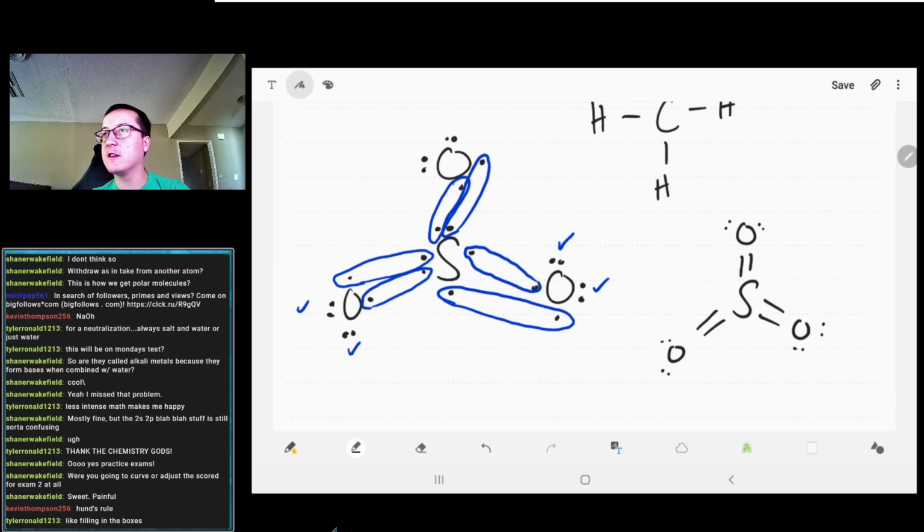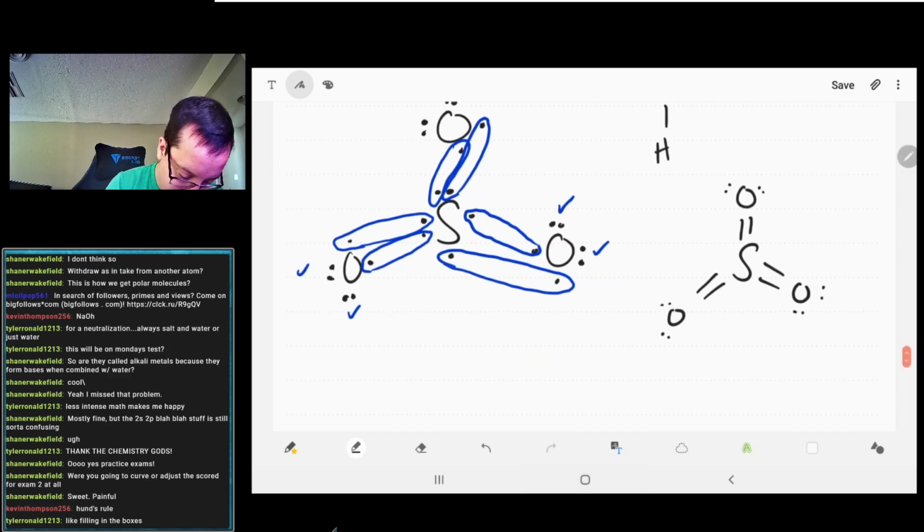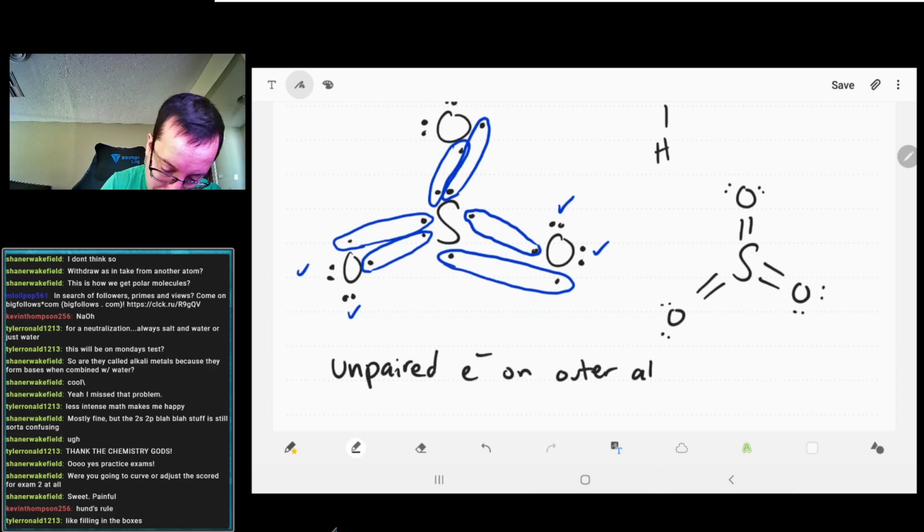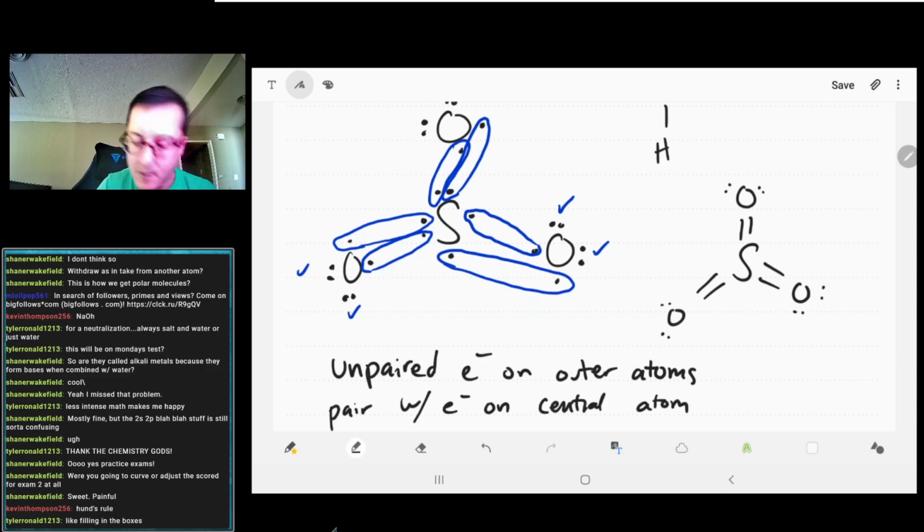So I think this is a fast way to get through these Lewis structures. And it only involves pairing off your electrons. So if you have unpaired electrons on outer atoms, bond them to the middle one. And that is all there is to it.